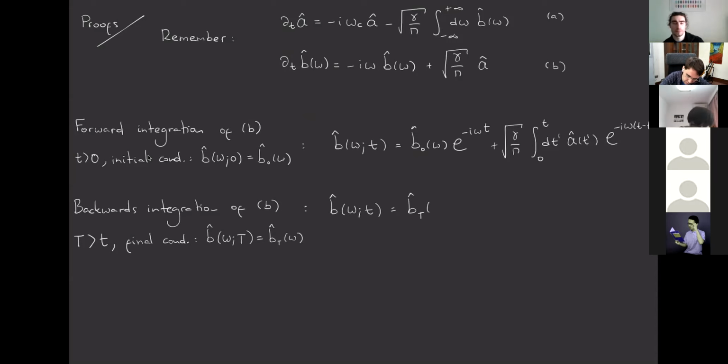So the final condition, and then minus omega (T minus t), if I remember properly, and then square root of gamma over pi, integration from 0 to T, dt prime, integration from the final time to the time that we want, but we invert, and then we put a minus sign, and we get dt prime, and then a of t prime e to the minus i omega (t minus t prime).